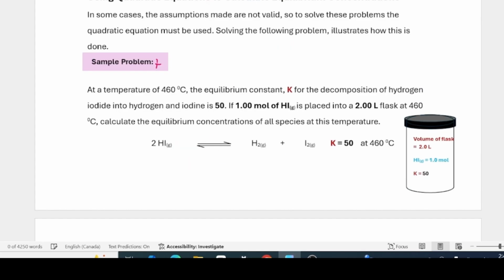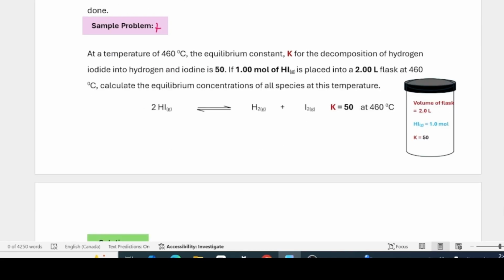We'll now look at a problem that involves the use of the quadratic equation. So this is a problem. At this temperature, hydrogen iodide decomposes into hydrogen and iodine. Now you're told that that amount of hydrogen iodide is placed into a 2-liter flask at 406 degrees Celsius, and you're asked to calculate the concentration of all the species at equilibrium.